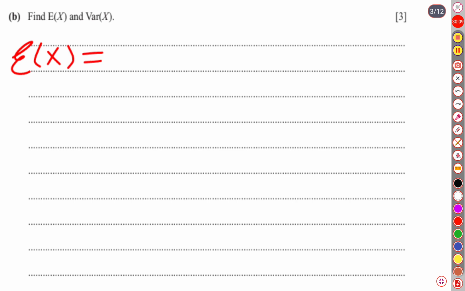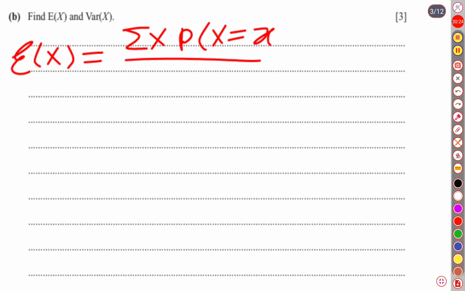E(X) is equal to the sum of fixi over n. As the probability is given, the sum of X multiplied by the probability of each individual one, over the total number of outcomes.